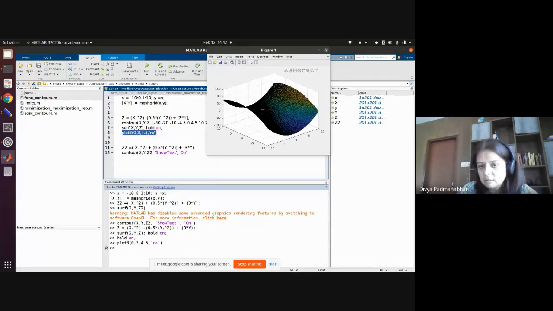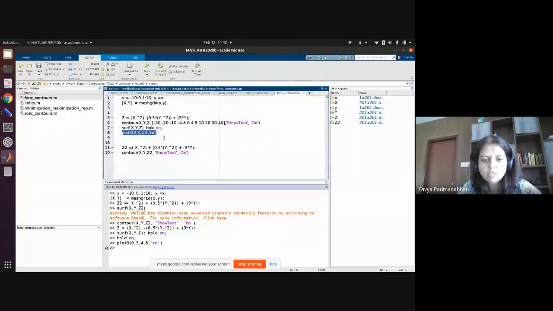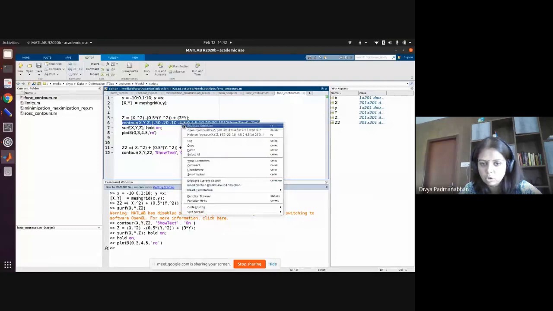It's somewhere here. This red point is the point. From this plot, it looks like it's increasing along this direction, but perhaps decreasing along this direction. So it's not clear, and this doesn't really look like the minimum point. In fact, it is not the minimum. You can also verify this by looking at the contours. I've also explicitly drawn this 4.5 contour.